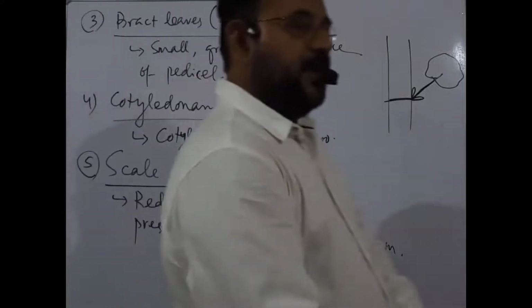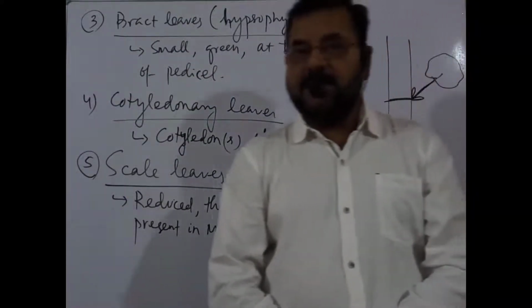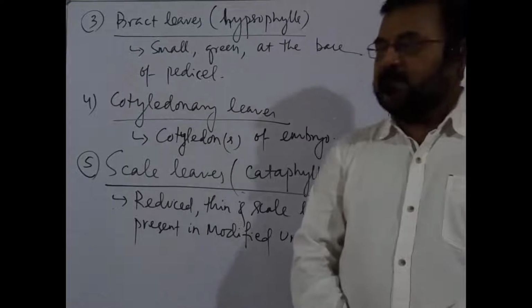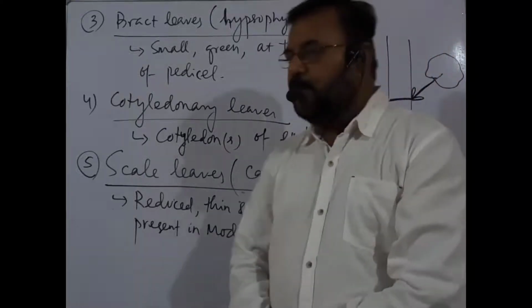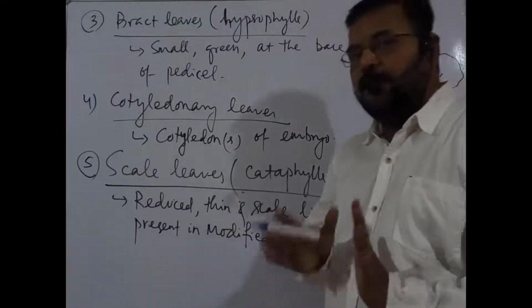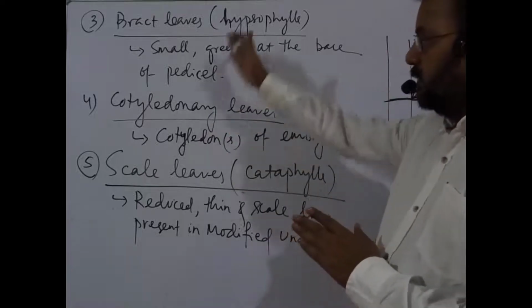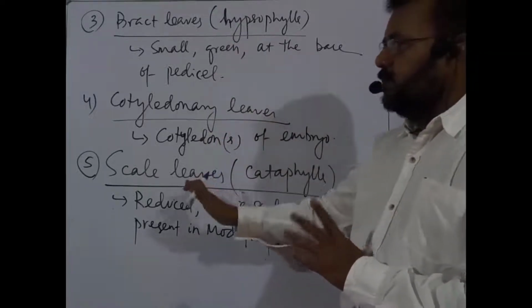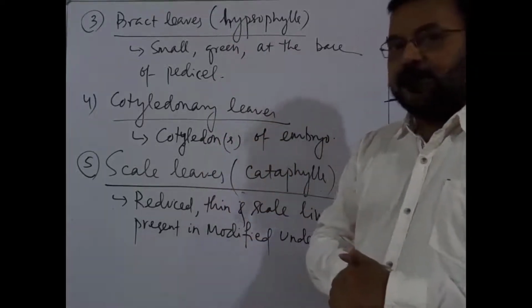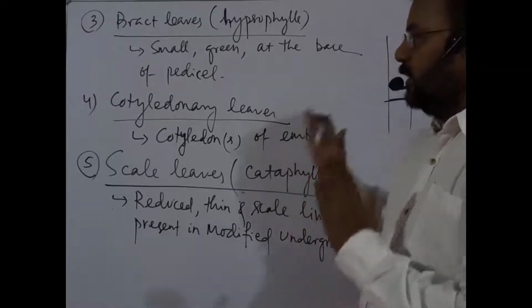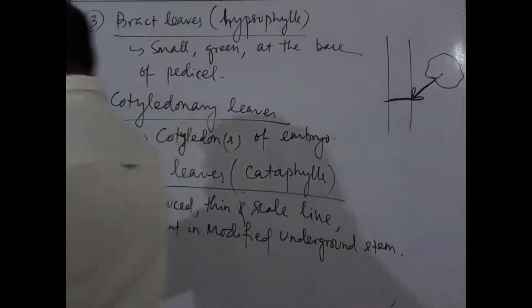The normal leaves in the plant, which are photosynthetic, green structures, are called the foliage leaf. In this chapter we are going to study only the foliage leaves, the foliage part of the leaf. The others are also modified leaves, but as far as the chapter is concerned, we are only dealing with the foliage leaves.